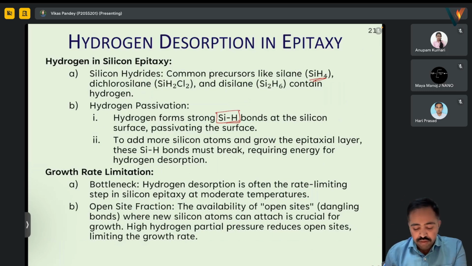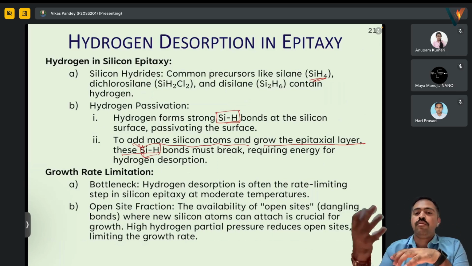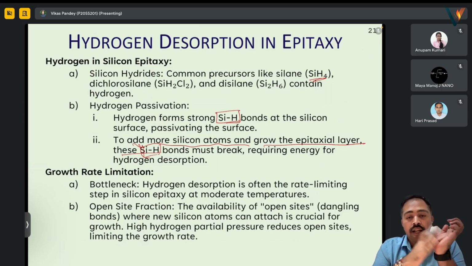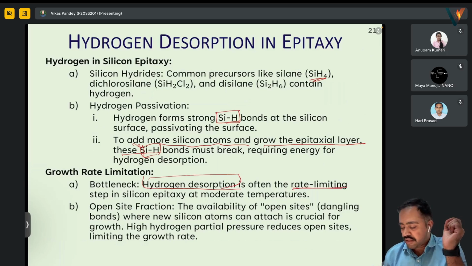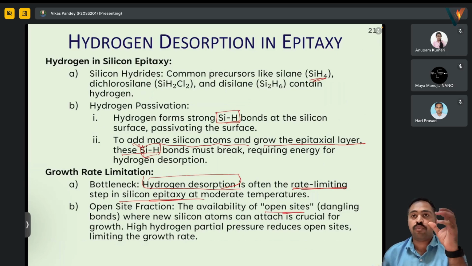And then to add more silicon atoms and grow the epitaxy layer, these bonds have to be broken. If there is hydrogen present there, we have to remove that, so that hydrogen has to be desorbed. Okay. So this hydrogen desorption is mostly the rate limiting step in silicon epitaxy at lower temperatures. It depends on the availability of open sites, or the dangling bonds, where a new silicon atom can attach.